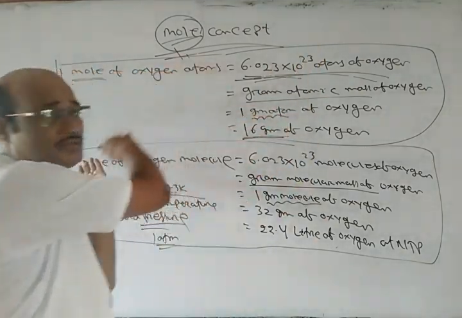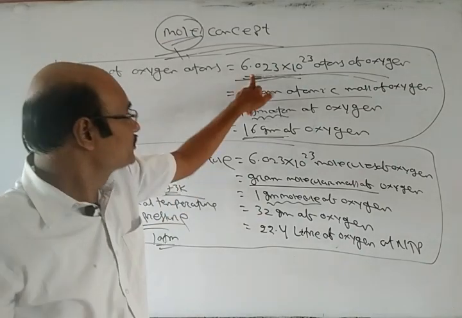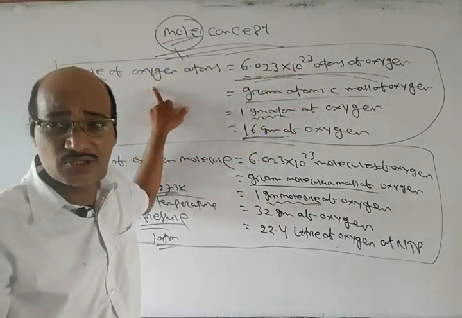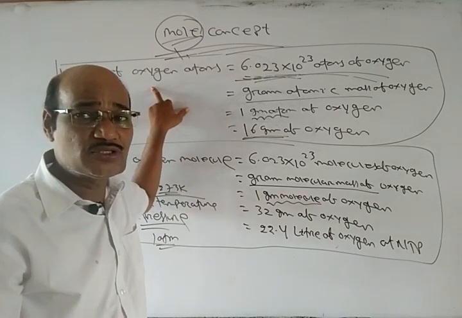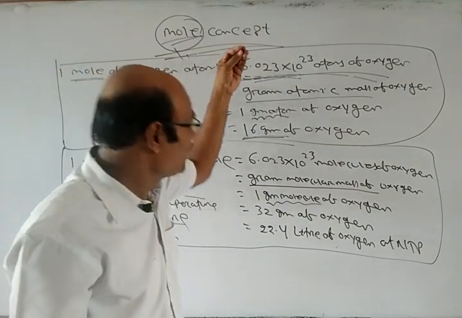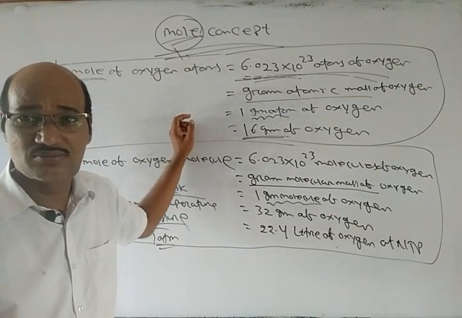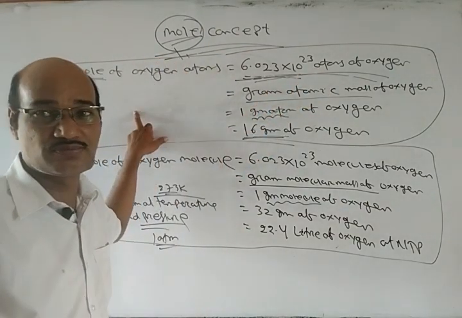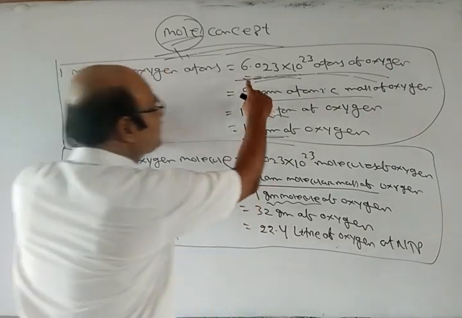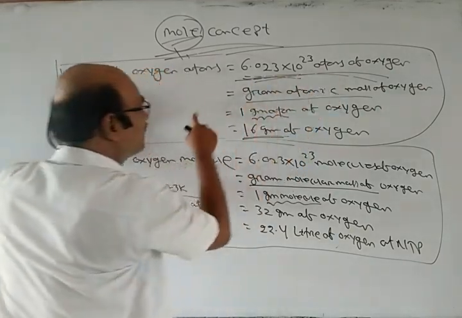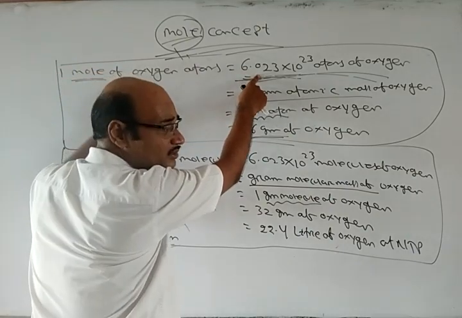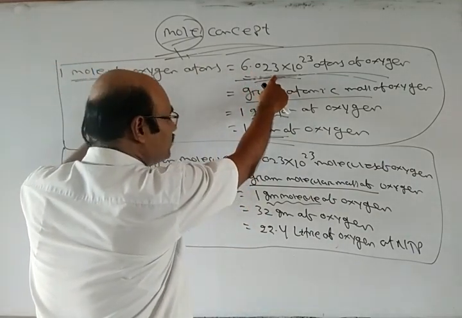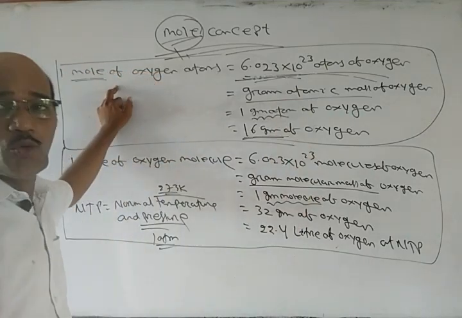Similarly, I can go in reverse. 6.023 into 10^23 atoms of oxygen is equal to 1 mole of oxygen atoms. So if I have some x atoms of oxygen, I can also calculate how many moles there will be. This much atoms equal to 1 mole, so 1 atom equal to 1 by this, so x atoms equal to 1 by 6.023 into 10^23 into x moles of oxygen.